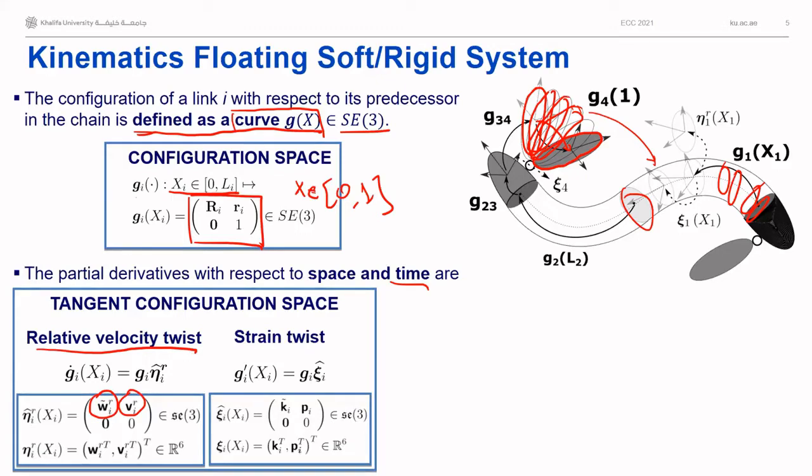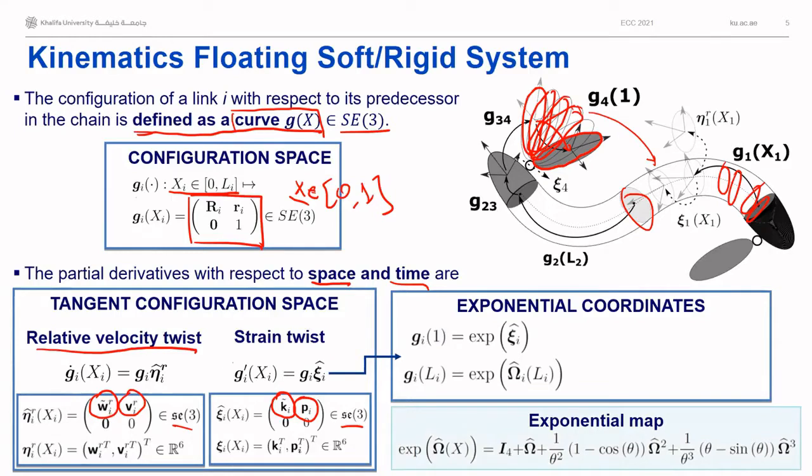Similarly, you can take the partial space derivative with respect to x, and you define an equivalent strain twist, which is equivalent to the velocity twist, composed of an angular strain and a linear strain. And those quantities live in the Lie algebra of the special Euclidean group.